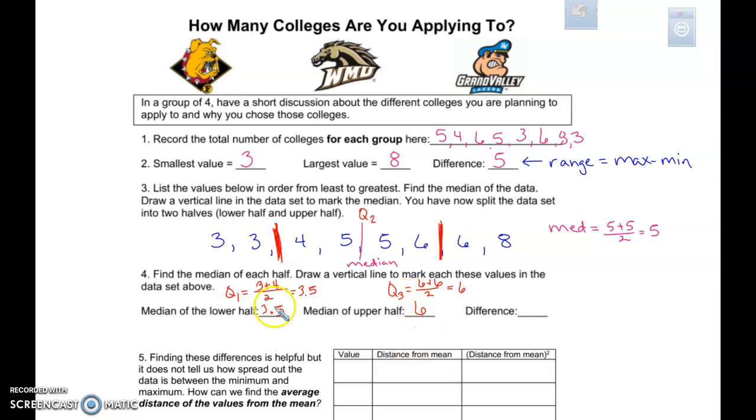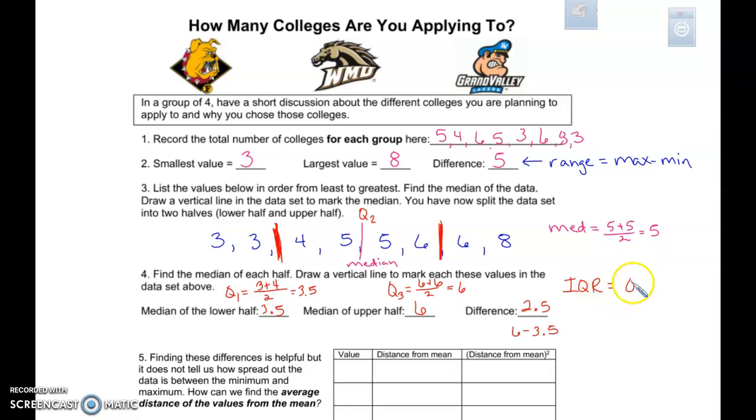Okay? Now, if you're taking the difference of these, that's what this is wanting you to do. You're taking 6 minus 3.5. That's to find the difference, which would be 2.5. Okay, this is known as the IQR, which is interquartile range.